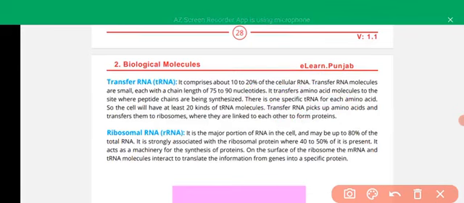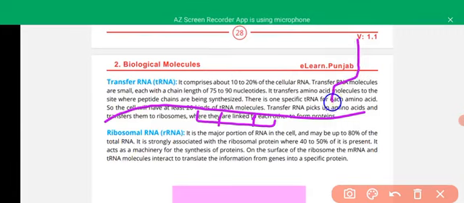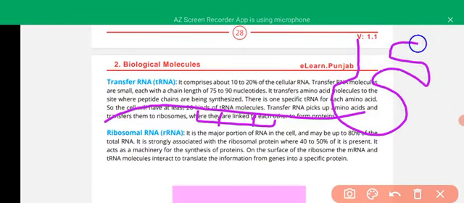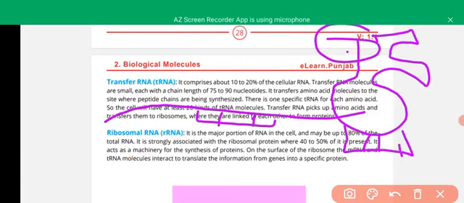Here is our messenger RNA. It contains codons, and its structure has loops, like this. It contains anticodons, and here it contains the amino group, and it is transformed into the start chain.